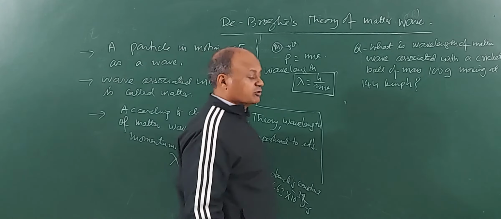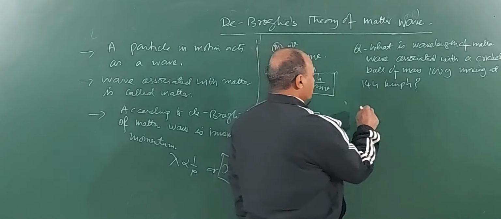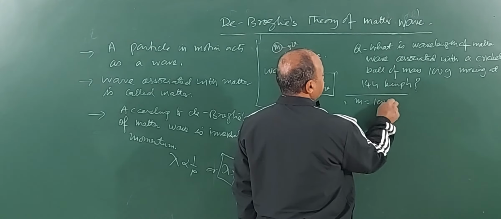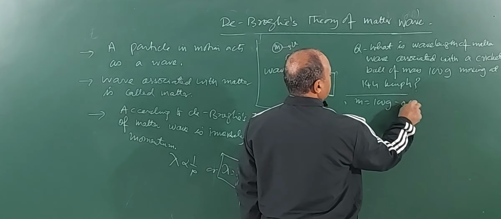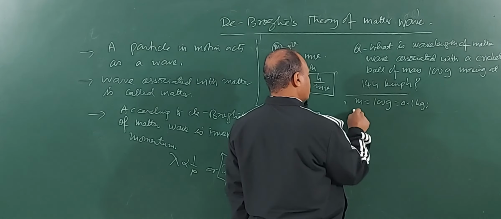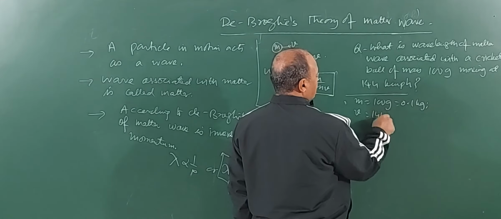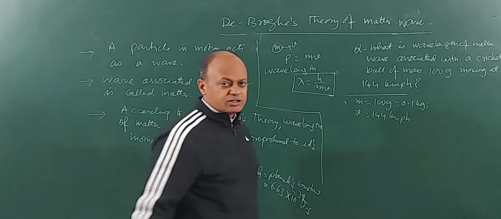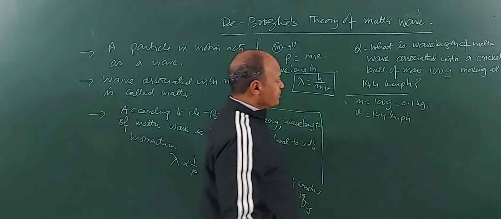Let us say this could be a factual problem. So, mass is 100 gram, which is 0.1 kilogram, and the velocity is 144 km per hour. We'll change this into what? Meter per second.